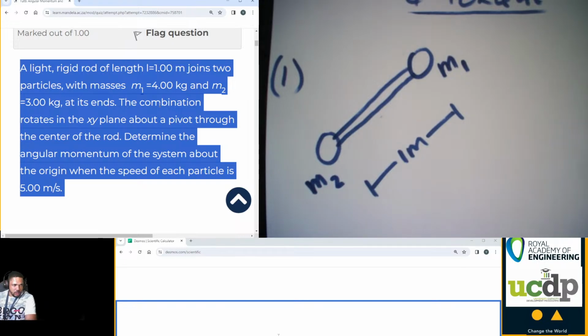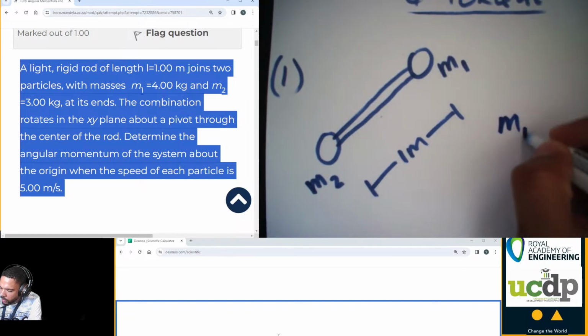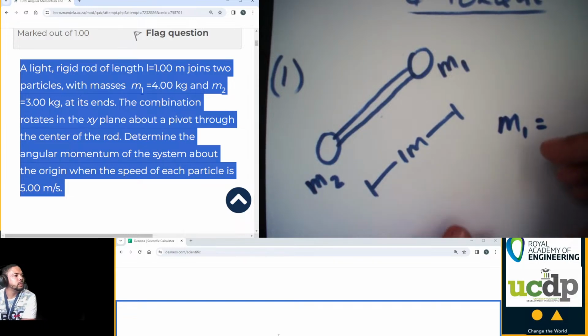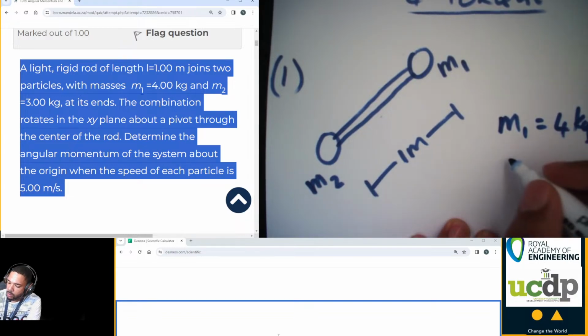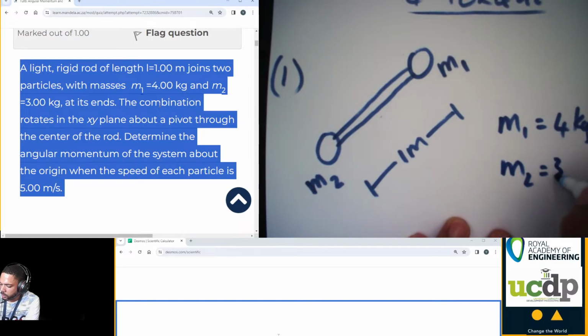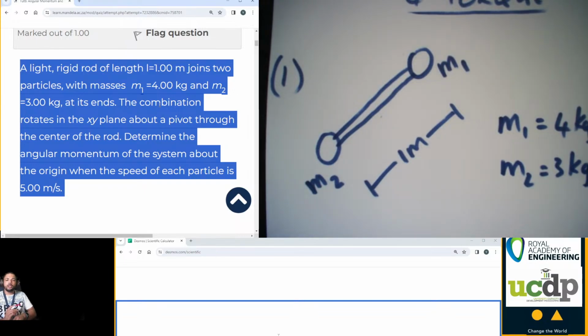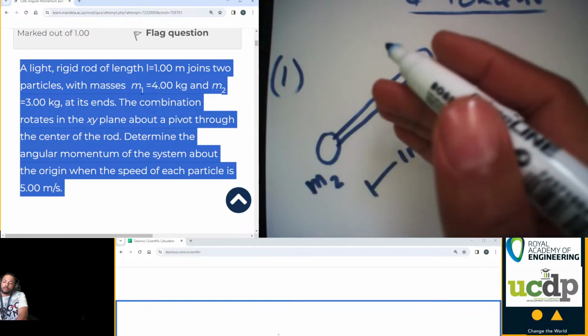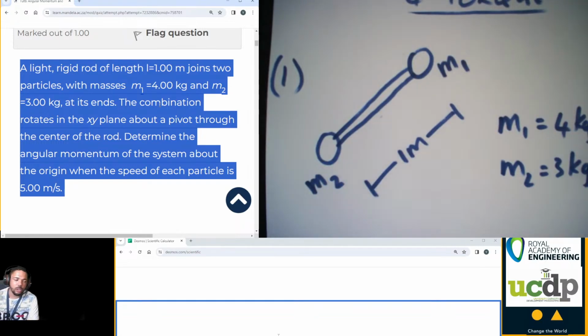I'm going to write here m1 is equal to 4 kilograms, while m2 is equal to 3 kilograms, and they are at the ends of this 1 meter rigid rod.